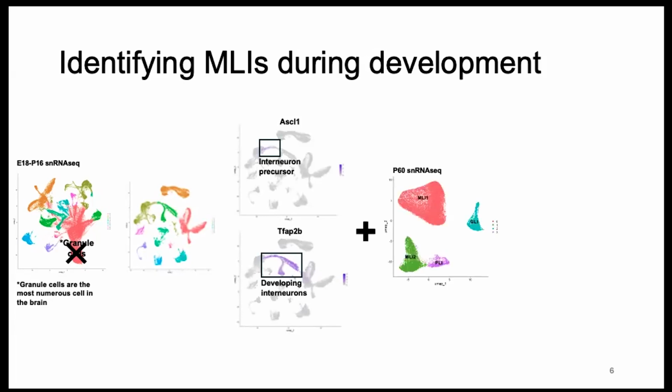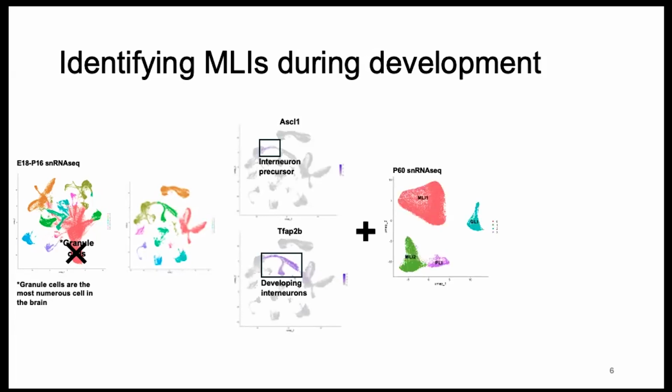And then on the simplified UMAP, I identified the expression of ASCL1, which is the transcription factor expressed by interneurons. And so those would be my developing interneuron population. And then TFAP2B, which is a transcription factor of interneurons all the way from development to adulthood. And so these would be the precursors and then the developing interneurons from E18 to P16.